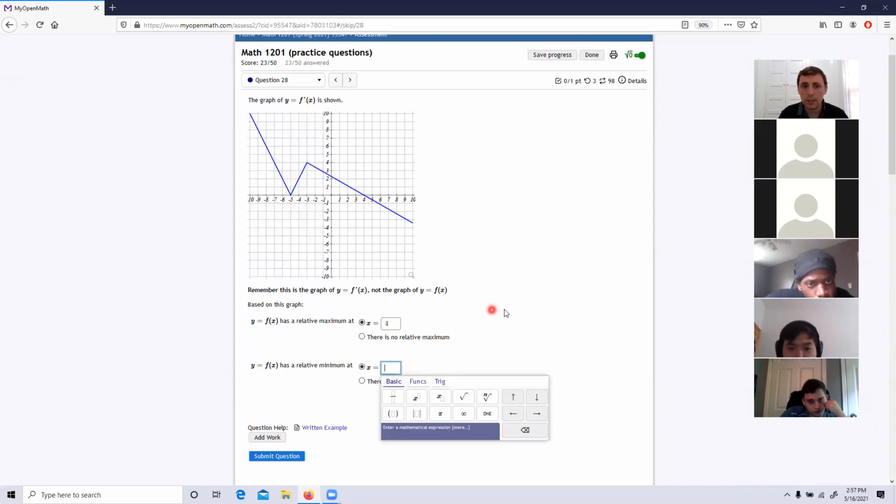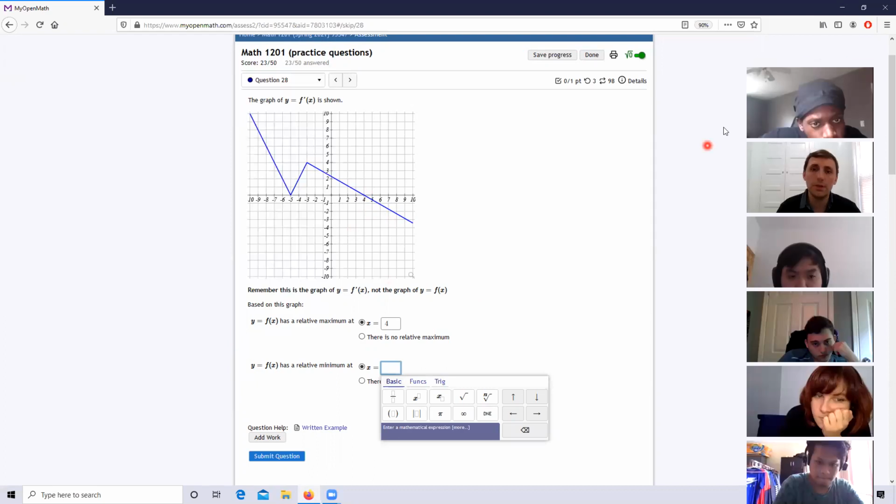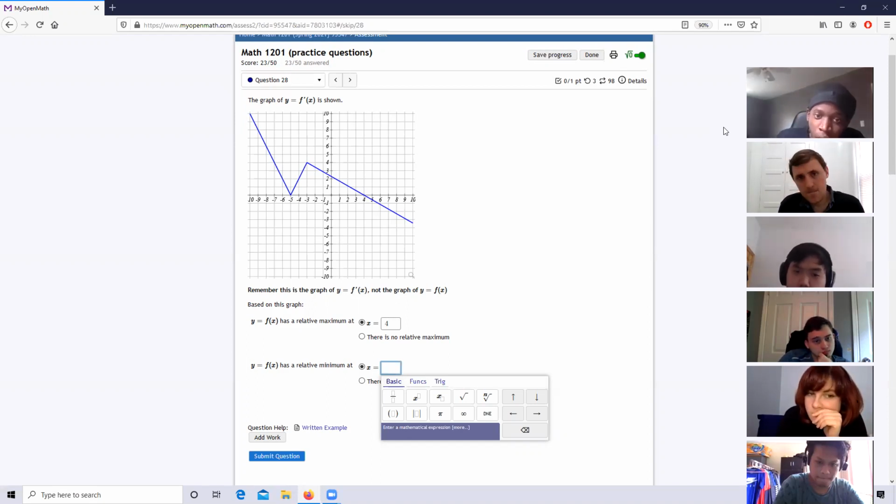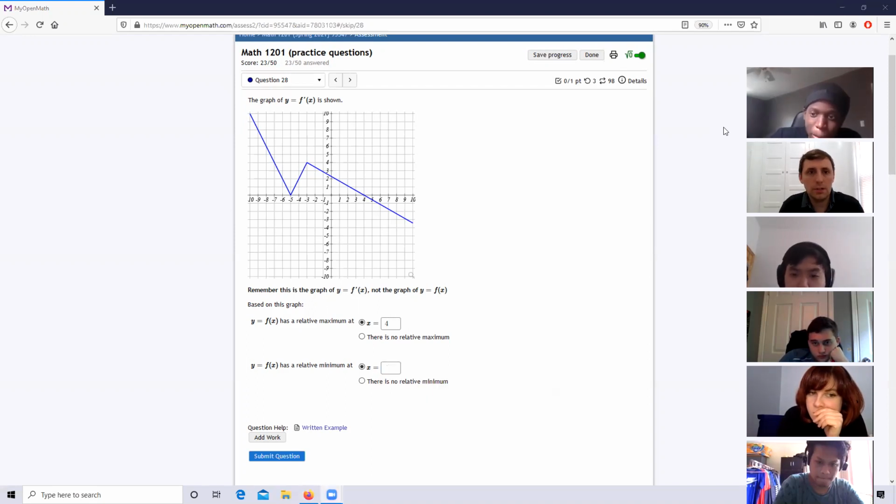And what about relative minimum? Is there a relative minimum here? No, there is no relative minimum.